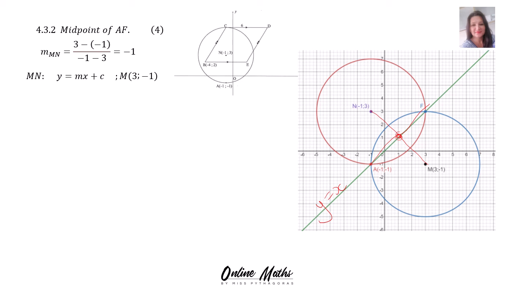You can substitute either point; I substituted the point M. In x's place, I'm going to substitute 3. In y's place, I'm going to substitute -1. And m we just calculated was -1. Substitute the points, work out c, and we get the equation y = -x + 2. So this is MN's equation.